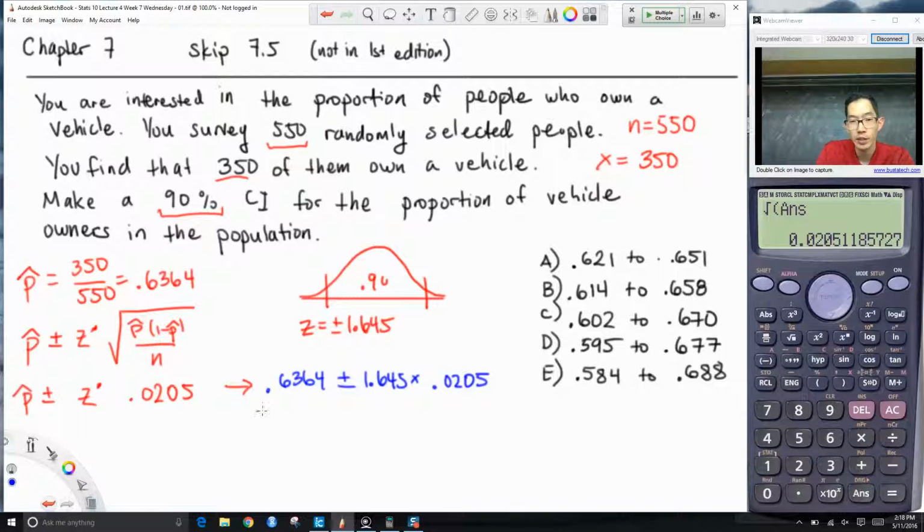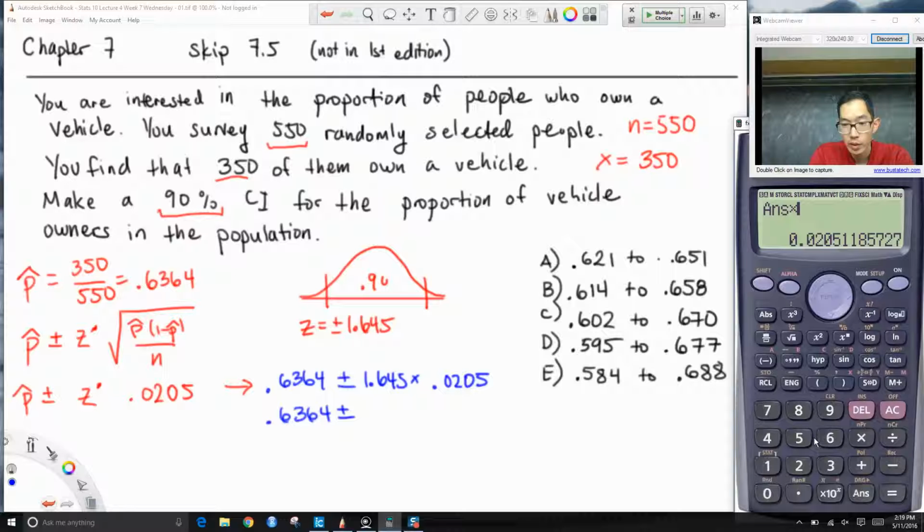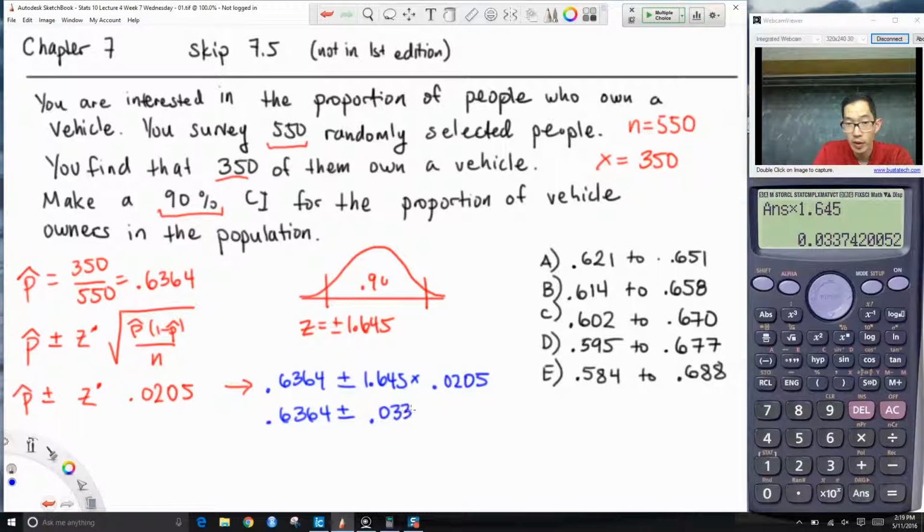And so when I do that, I get 0.6364 plus or minus 0.0337. Okay, and if I do the plus or minus, I get this. Maybe ever so slightly different just because of rounding, but essentially this is what I get.